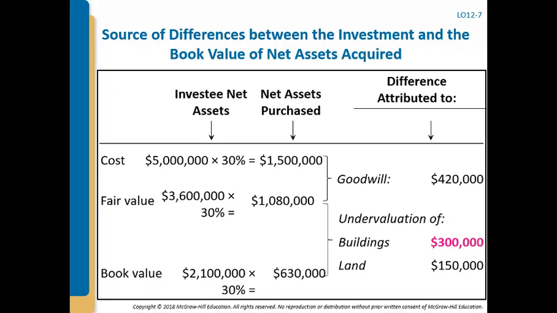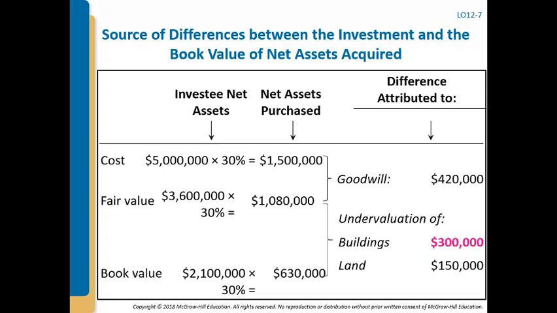There are 3.6 million in identifiable assets. And so you multiply that times 30% and you get United's portion of 1,080,000. And of course the difference is their part of the goodwill.